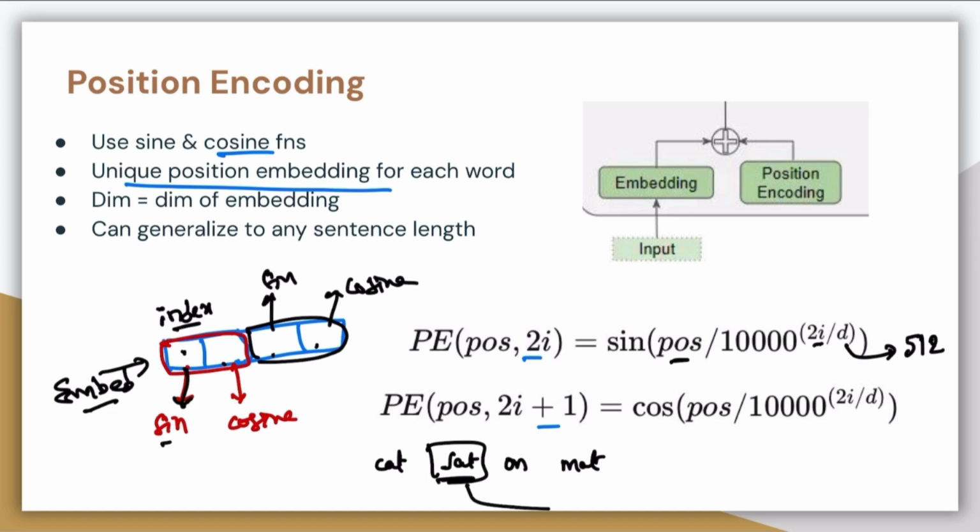Okay, like second position, like that. For that position you have a 512 dimensional vector, and for each dimension you have a separate value. So for this particular word, for this particular second position, for this particular entry, you have two values. For the same sat, for the next two dimensions, you will have different values, like that.